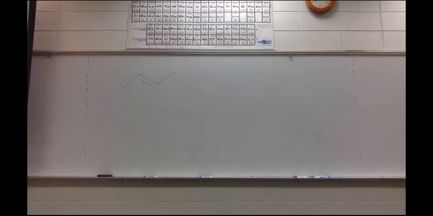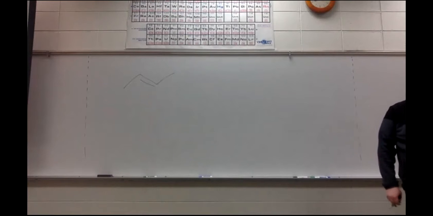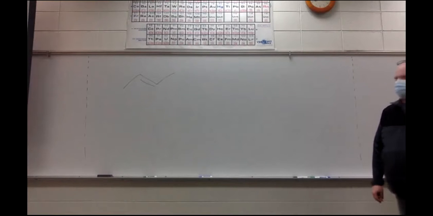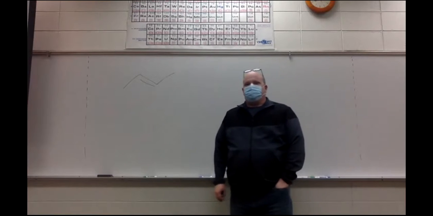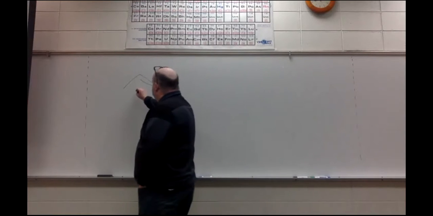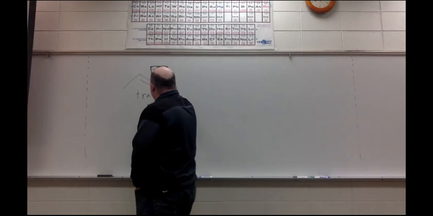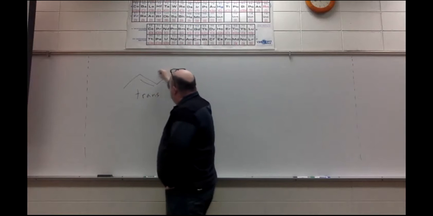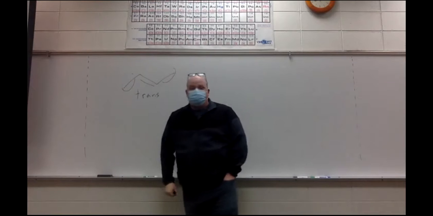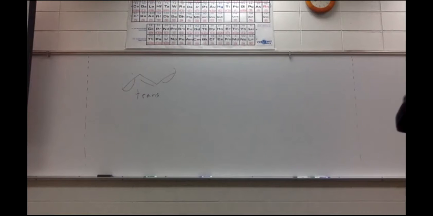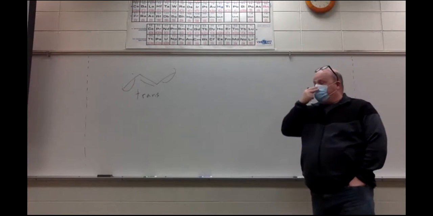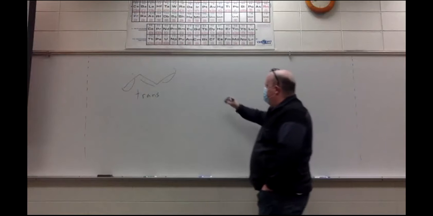What term would you use? I know y'all know this. It's trans, yeah. It's trans because these two groups are coming out of the double bond going in opposite directions.